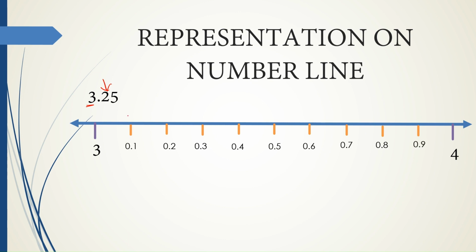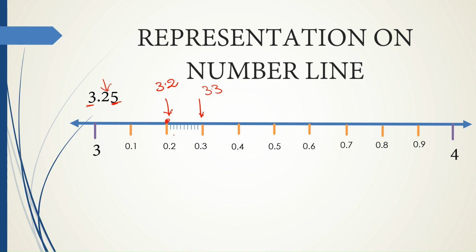The second marking is for 3.2. Now 3.2 and its successor is 3.3. Now the distance between these two numbers 3.2 and 3.3 has to be divided into 10 equal parts. Now here if we locate the 5, that will be the location for 3.25.